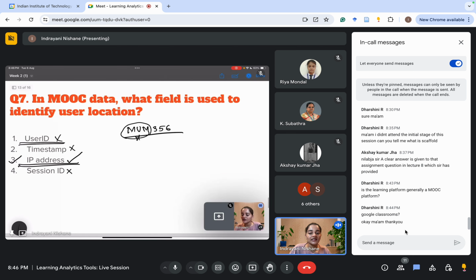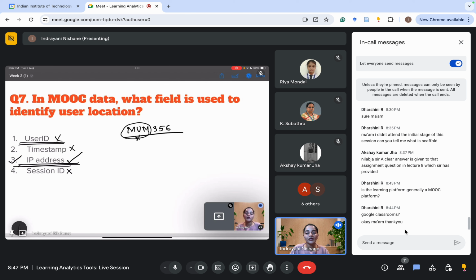Now coming to question 7: in MOOC data, what field is used to identify user location? So, a simple computer science concept: the IP address. Through the IP address we can know from which geographical location a student has logged into a MOOC or a Swayam platform for that particular session. There could be multiple sessions, and for every session a student can be at a different location.